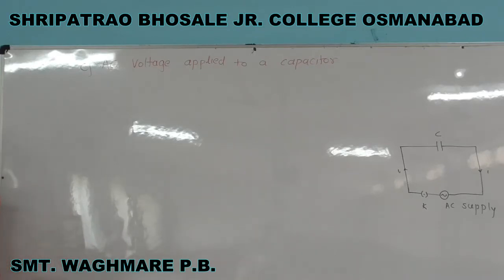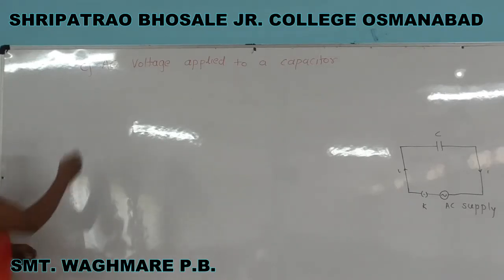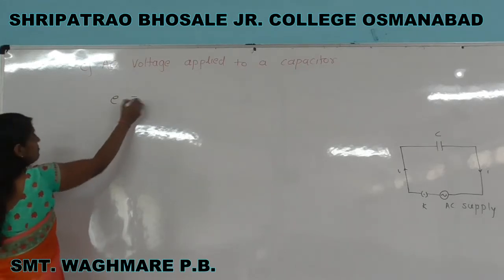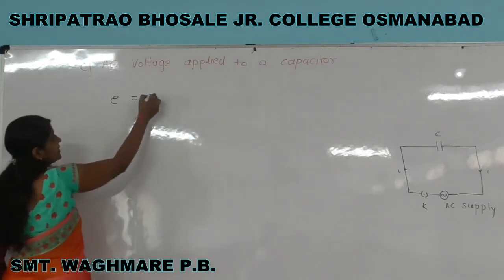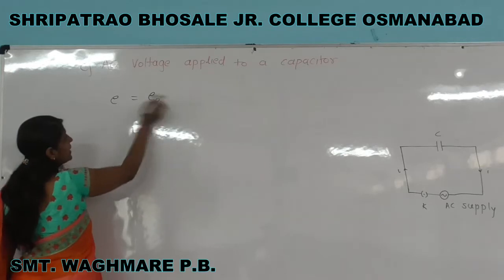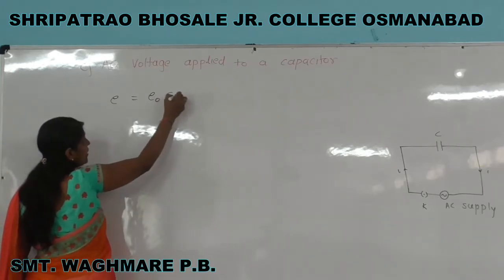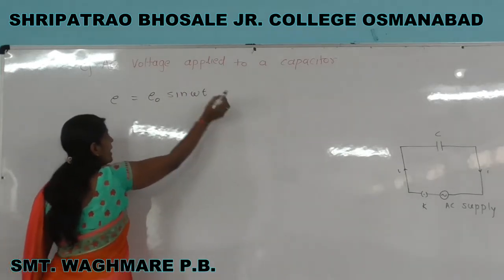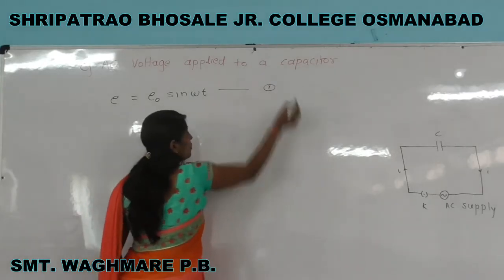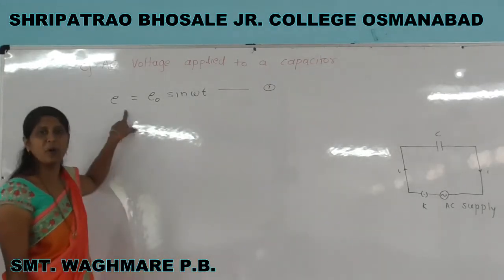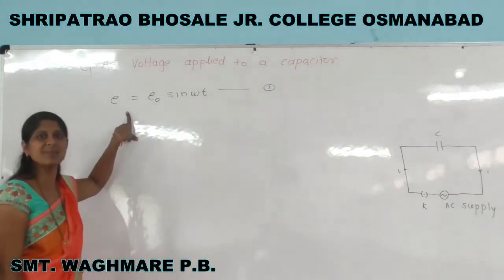Now let us consider a capacitor of capacitance C connected to an AC circuit. The EMF of this AC supply is E equals E naught sin omega t. We have already derived this formula for the AC supply.